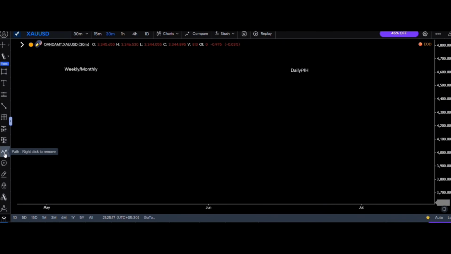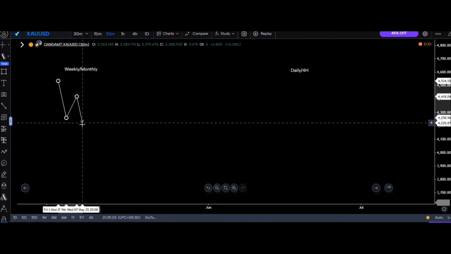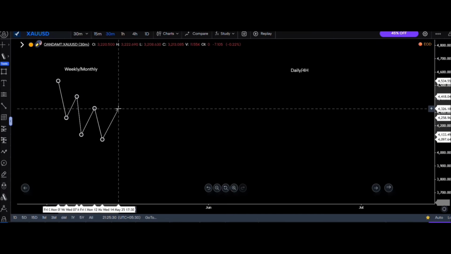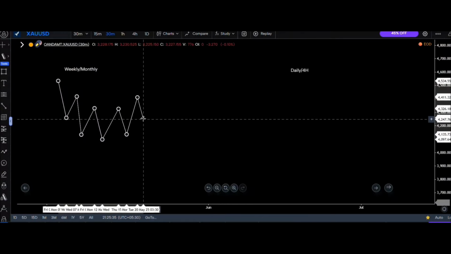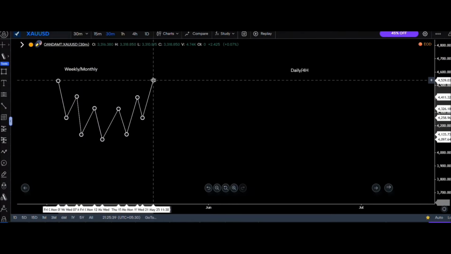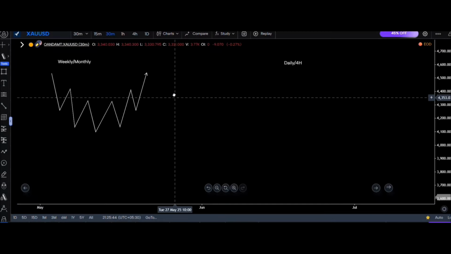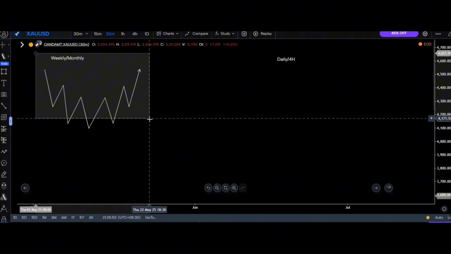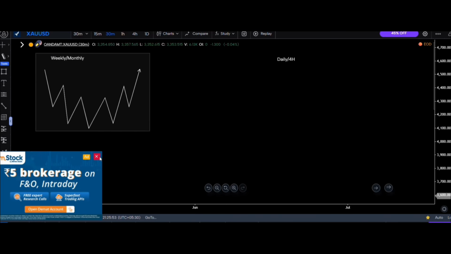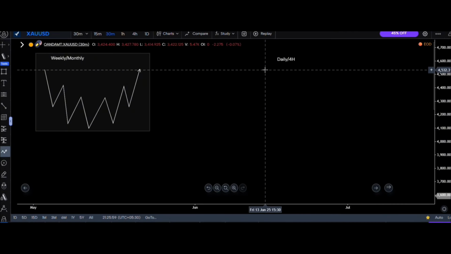See, if the market is moving like this in the weekly or monthly time frame, this is the movement in the higher time frame. Now in the daily time frame, let's have a look.